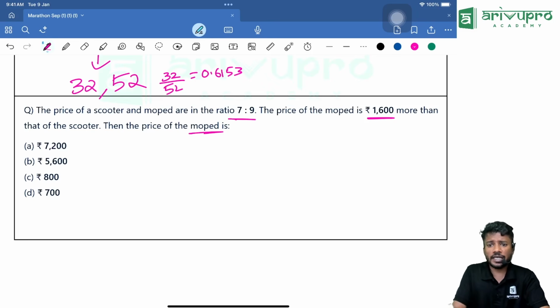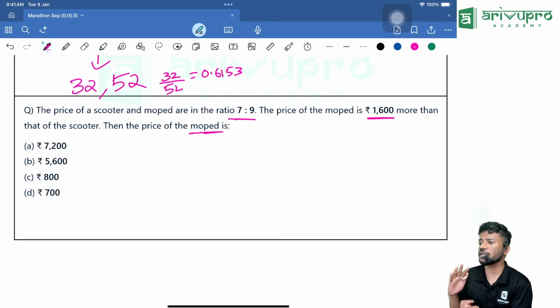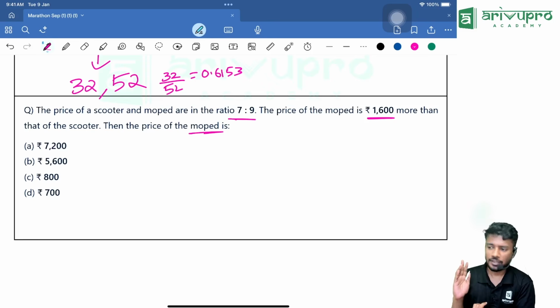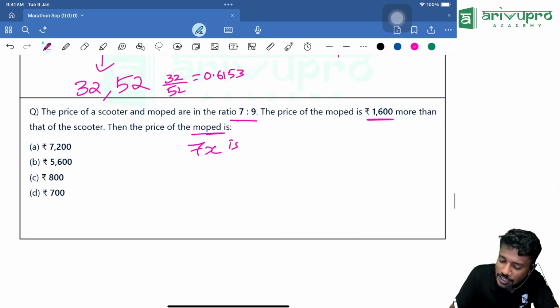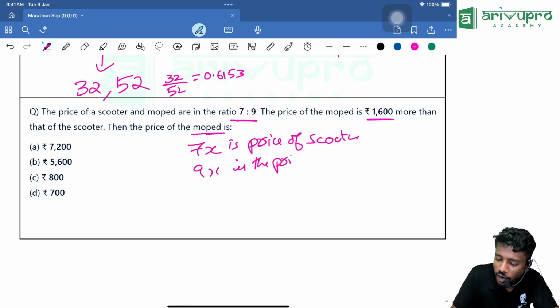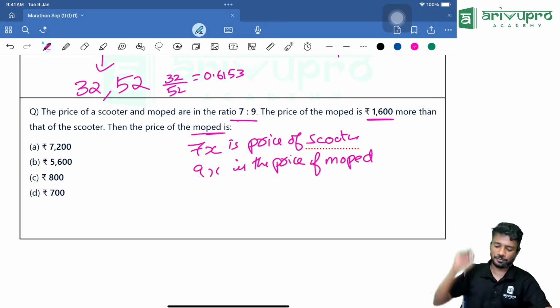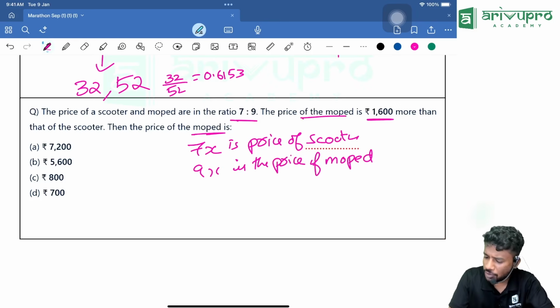When we don't know something, what do we call it? X. So 7x is the price of the scooter. Then 9x is the price of the moped. Now, the price of the moped is 1,600 more than that of the scooter.